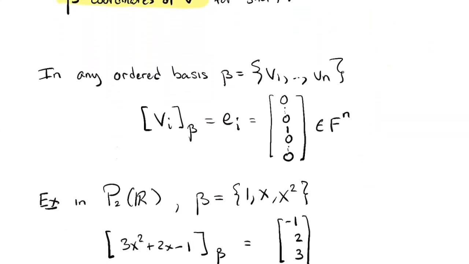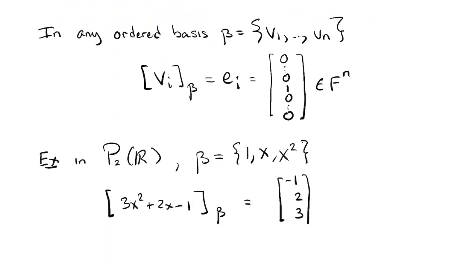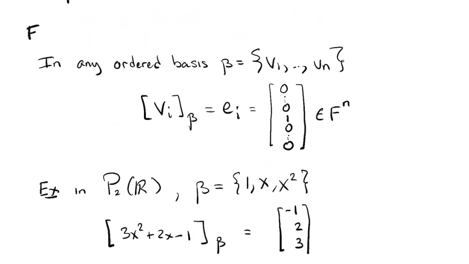Let's look at some examples. Take any ordered basis in the world for your vector space, and you wonder, what are the coordinates of the ith basis vector with respect to that basis? Well, you get the ith standard basis vector, right?